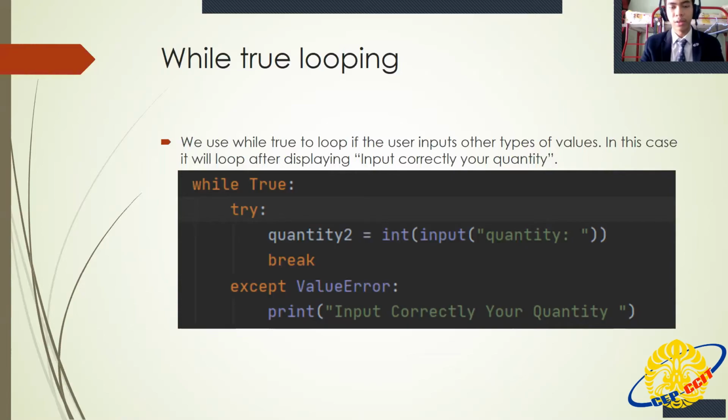As my friend explained before, try and except is used to handle errors. So for the while true looping, every time the user inputs a wrong value or a wrong type of value, it will loop the instruction to input the quantity of the item that the user wants to purchase. Until they input it correctly, it will keep looping the same instruction.